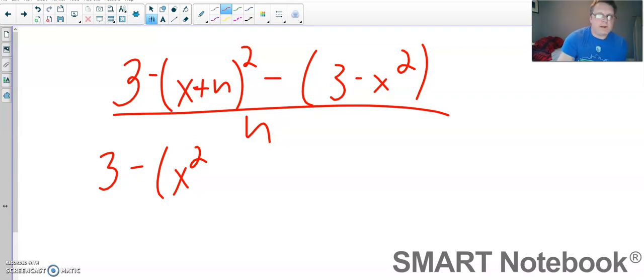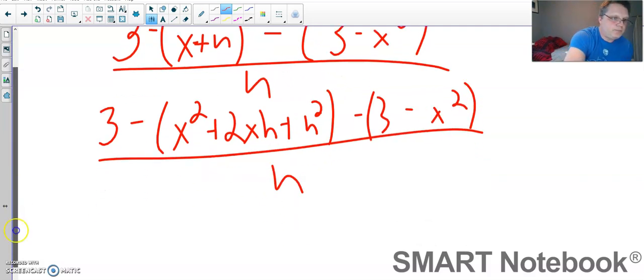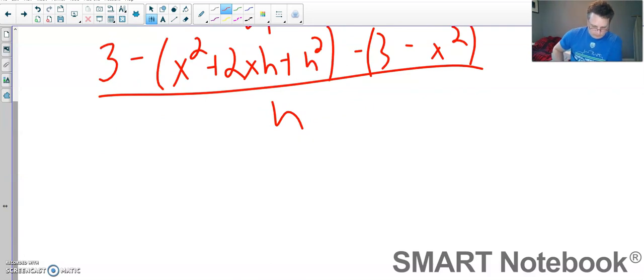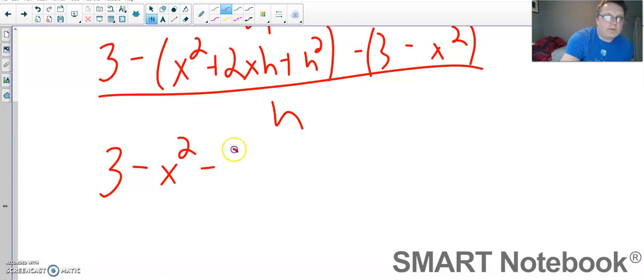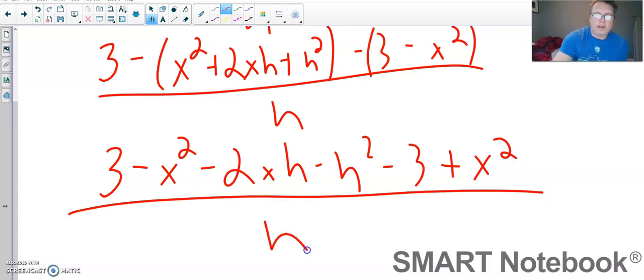Okay, so 3 minus x squared plus 2xh plus h squared minus 3 minus x squared all over h. And then 3 minus x squared minus 2xh minus h squared minus 3 plus x squared all over h. Remember, everything without an h should cancel. Gone, gone, gone, gone.